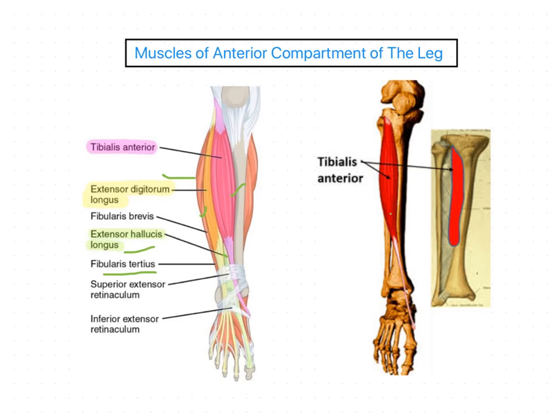And if you see the origin, it is originating from the lateral condyle of the tibia. Here you can find this is the lateral condyle of the tibia, and upper 2/3 of the lateral surface of the shaft of the tibia.